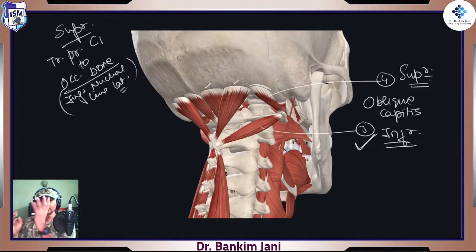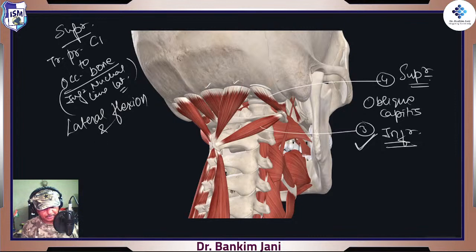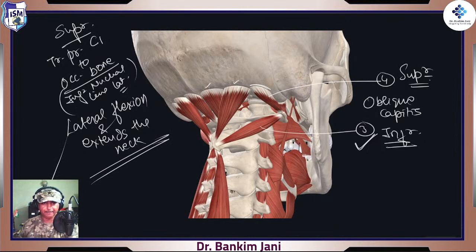Interesting. So this is the head and it is connected over here. When it contracts, it would tilt. When the opposite side contracts, it would tilt that way. And when both of them contract, it will tilt this way, and this is what is called extension. So here, its function would be lateral flexion and extension, and it extends the neck. So this is done.